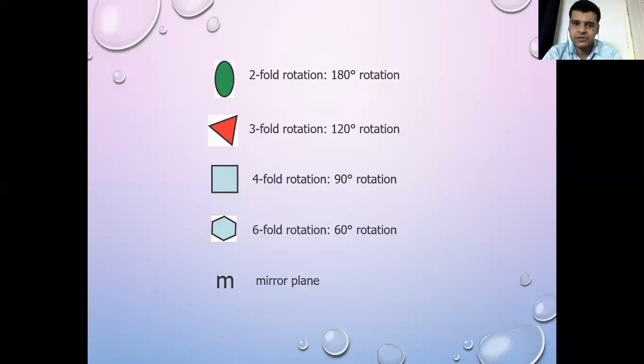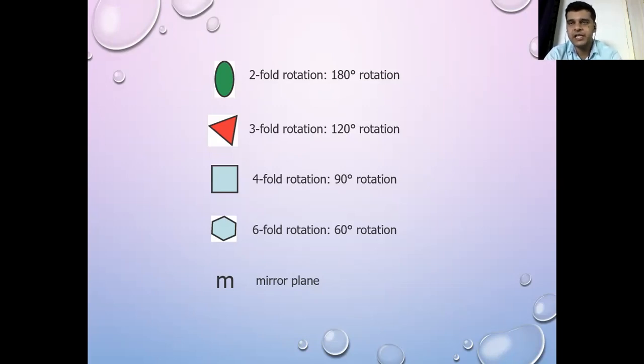From the first class onwards, we saw the introduction to crystallography: notation, definition, lattice point, Miller indices, so many things. Today we saw symmetry elements, their operations, and some different crystal structures. What are symmetry elements?